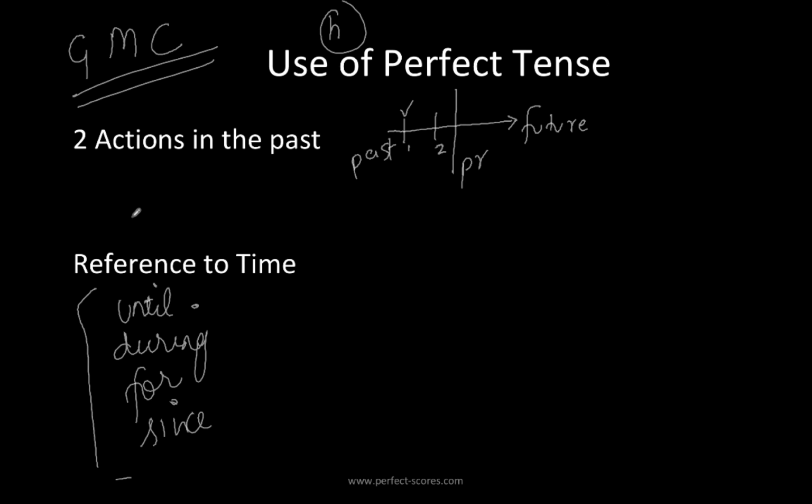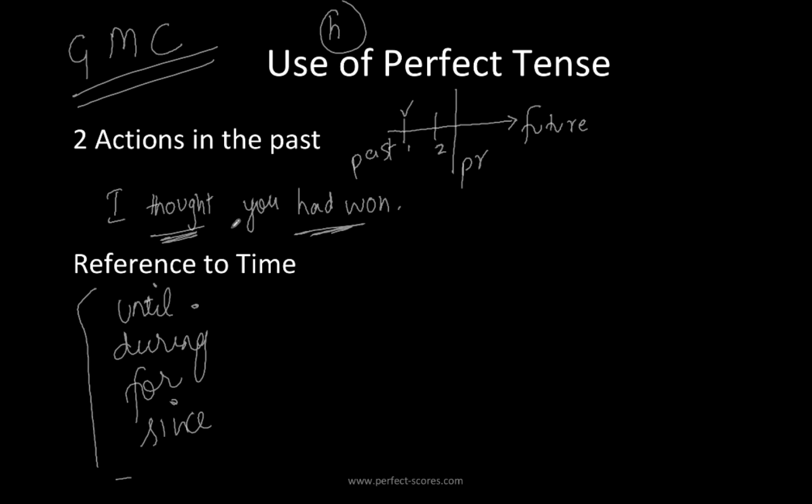Okay, for example, I thought you had called, or I thought you had won. Now there are two actions happening in the past. One is my thinking and one is your winning. So according to this sentence, first you won and then I thought about it.